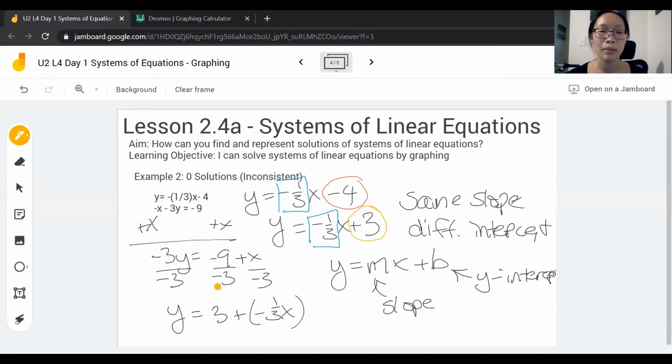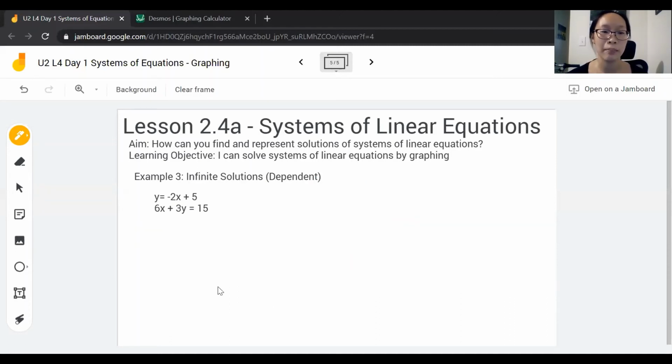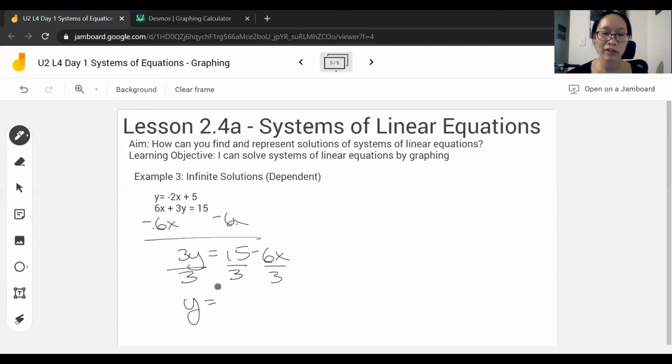Our last example is a dependent system. I already have one in slope-intercept form, and then I'm just going to rearrange the other one. So I'm going to subtract the 6x from both sides. That leaves me with 3y is equal to 15 minus 6x. I'm going to divide through again by the 3. And that gives me y is equal to 5 minus 2x, or y is equal to -2x plus 5.